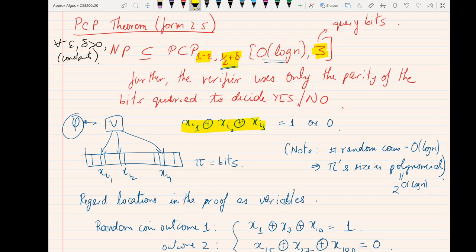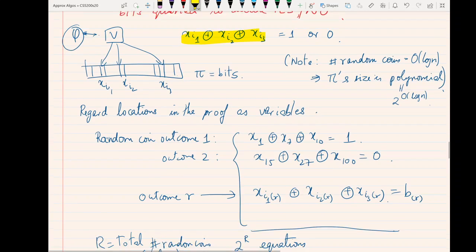You cannot get it to 2 query bits because that problem is a polynomial time constraint satisfaction problem. So we'll see a little more of this when I come to the unique games conjecture about what happens to 2 queries.